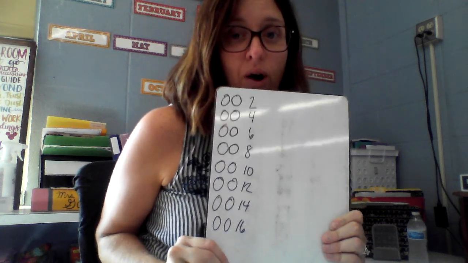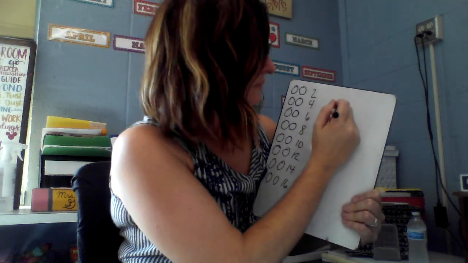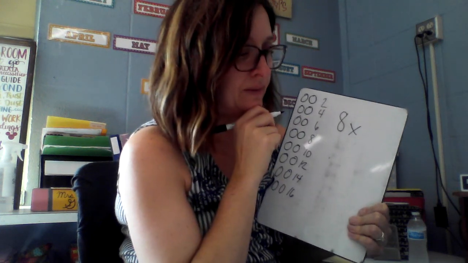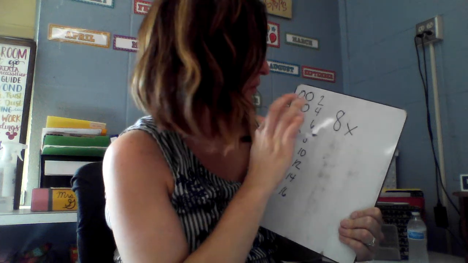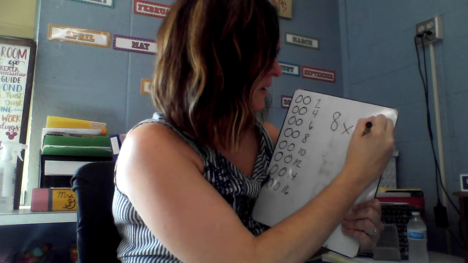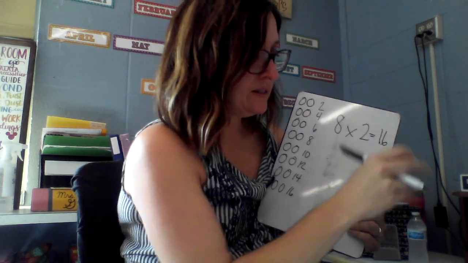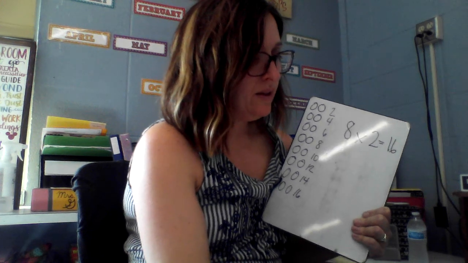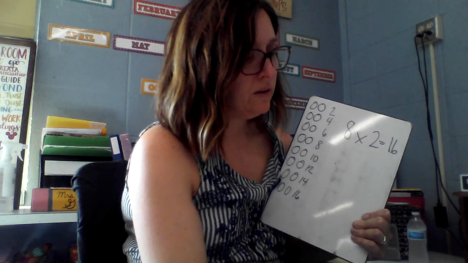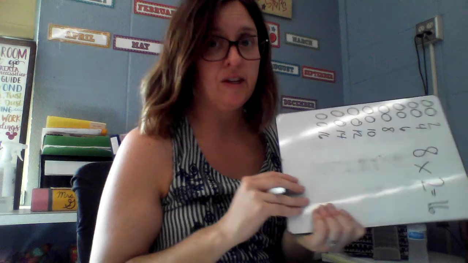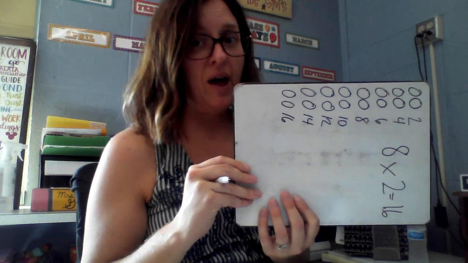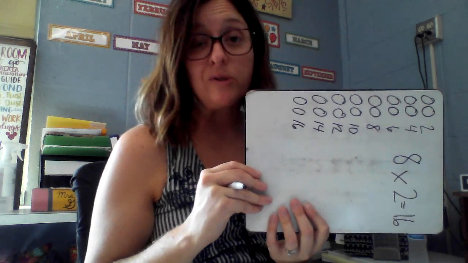Now, in my equation, that first number 8 is how many rows I have. And then I take it times the number in each row, which is 2, and it equals 16. Now, could I change it this way? Now I don't have 8 rows, but I have how many rows?